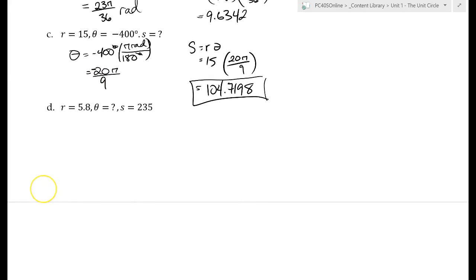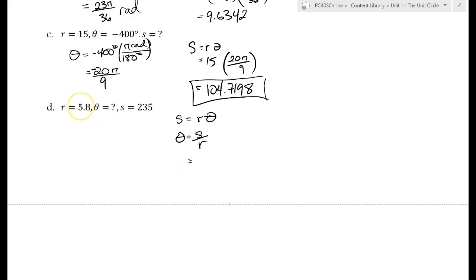Our last one is looking for our angle. So we're going to have to manipulate our formula a little bit. So instead of S equals R theta, we're going to have to move that R by dividing. And so we're going to get theta equals our arc length divided by our radius.